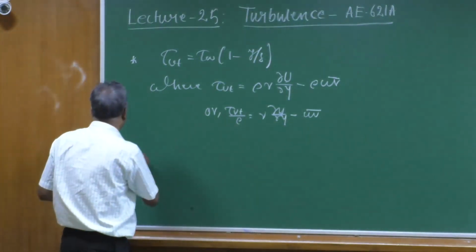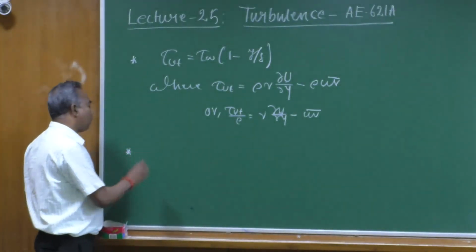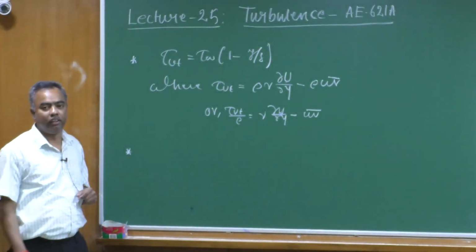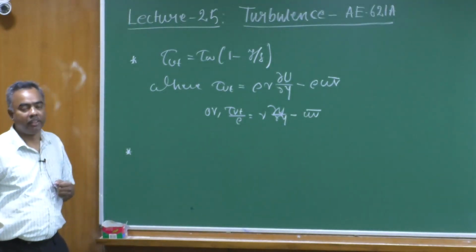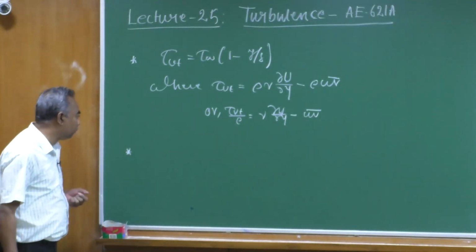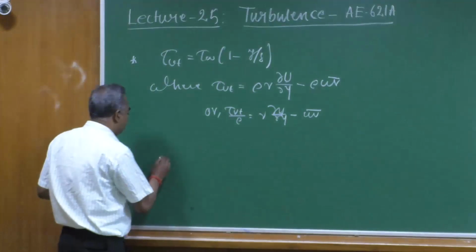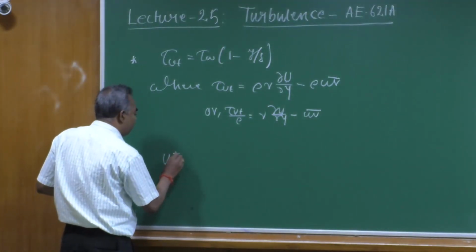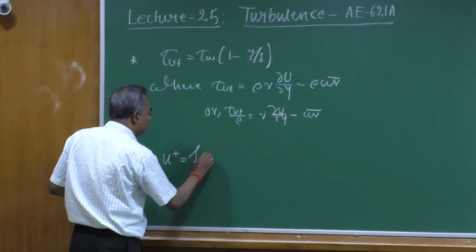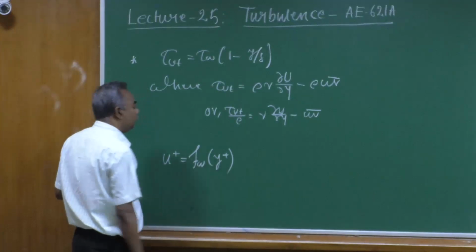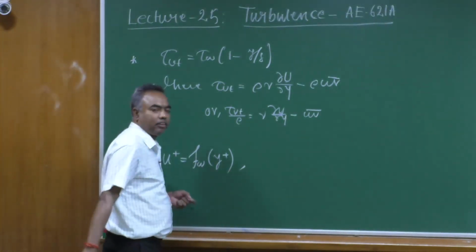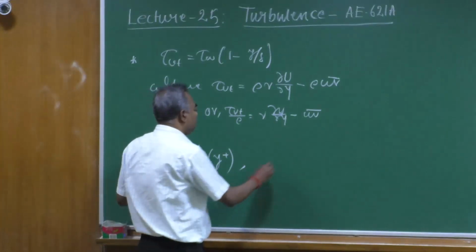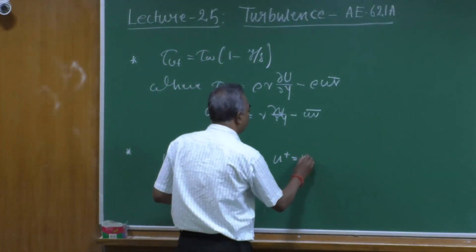Then we have also learned that very close to the wall the velocity scales with the inner variables. So, we found very close to the wall the law of the wall, u plus is a function f_w of y plus, and for y plus less than 5, we found that u plus is equal to y plus.